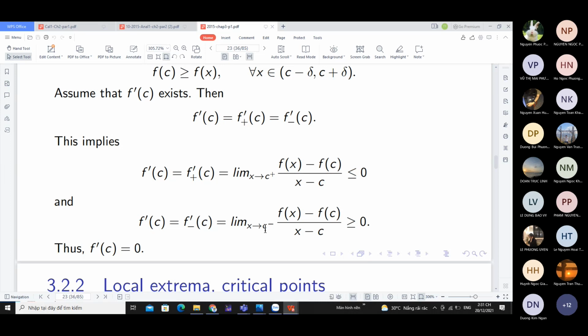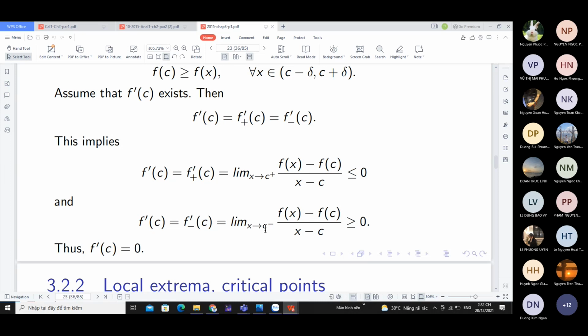In this quotient, f of x minus f of c is always negative or equal to 0. And that's why this quotient, when x approaches c from the left, is always positive or equal to 0, and that's why its limit is non-negative.